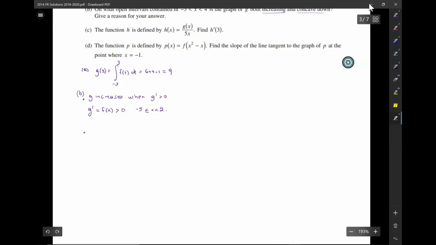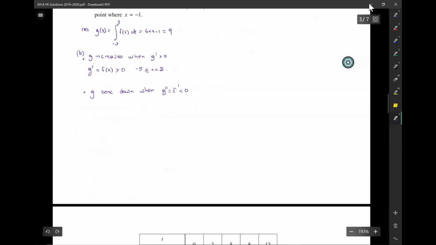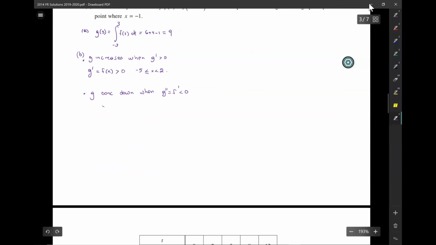Number 2, now I want it to be concave down. So we say G is concave down when G double prime, which is f prime, is less than 0. f prime less than 0 means f is decreasing, and that happens on 0 to 4.